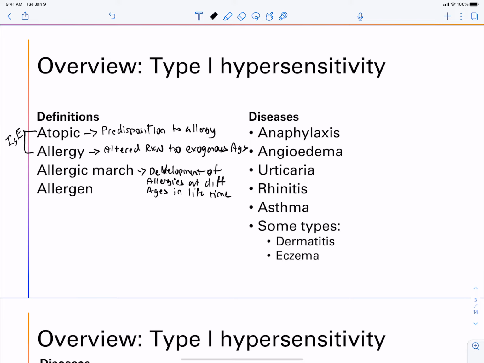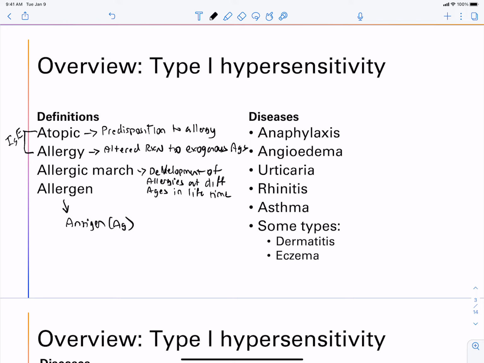So maybe you were allergic to grass when you were a kid, and now you're allergic to wheat, or you're allergic to dust mites as you get older. So this is the allergic march, that your allergies and the triggers for your allergic responses change over time and at different ages.